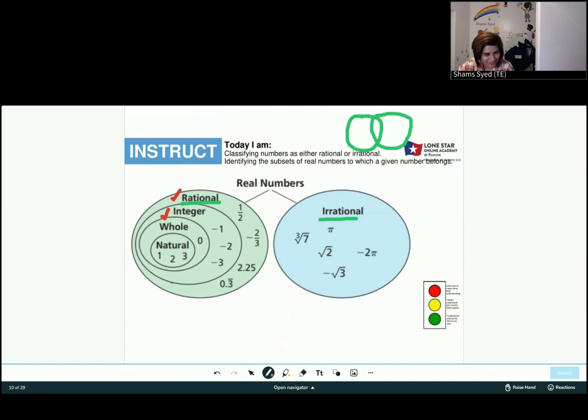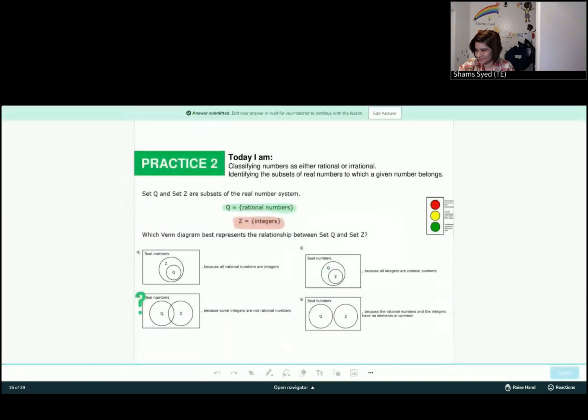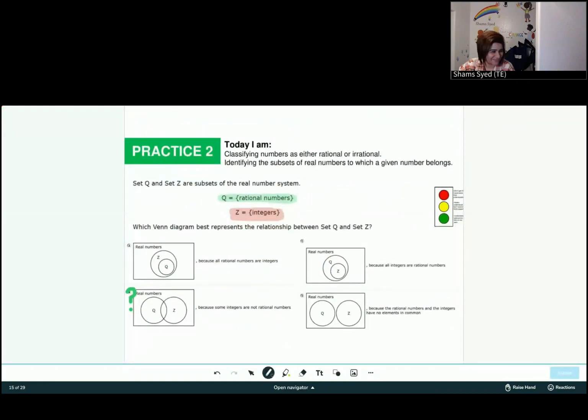I am now going to go back to the question. Here it is. Now see which one looks like the right answer to you.